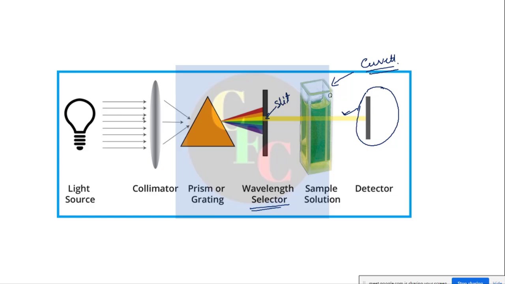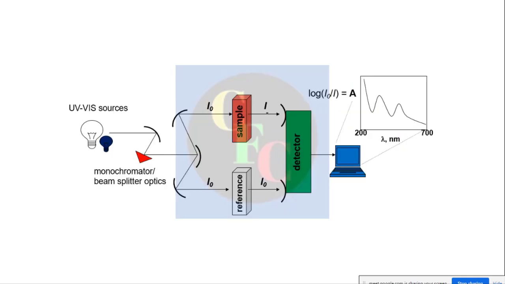Okay, so this is a very simple schematic sketch of a UV visible spectrometer, but there are difficulties with this. You just cannot have slits like this and all that. So in a modern instrument, the schematic diagram looks more like this one, where you have a source, a UV visible source, and we will see why two different sources are given.